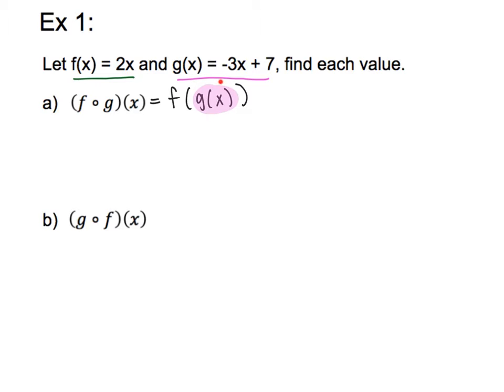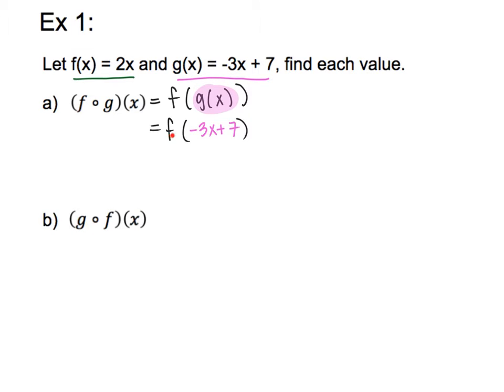So instead of g of x, I'm going to replace it with negative 3x plus 7. So here's my f on the outside, and inside, I replace g with what it actually is. Notice when I do that, I no longer have g's. I just have an f now. My goal is to get rid of all of the f's and g's until I'm just left with x's and numbers.